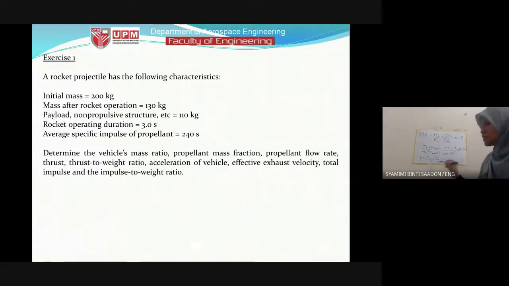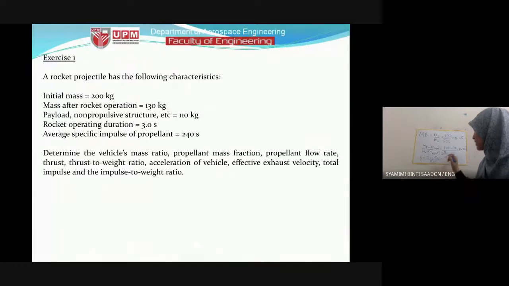So the propellant mass fraction is the mass fraction of the propellant. We know that for the initial mass, we have to cut out the mass of the payload. So the initial mass will be 200 minus 110, which is 90.